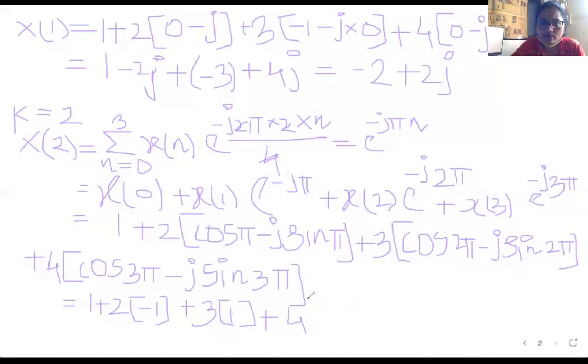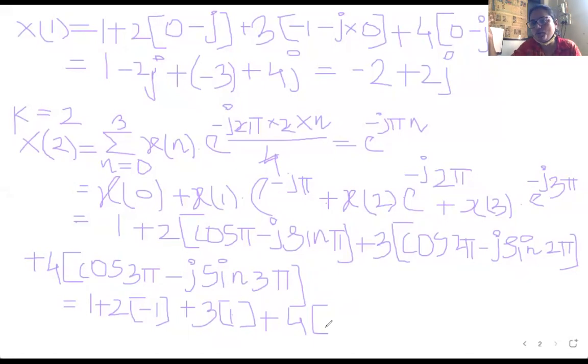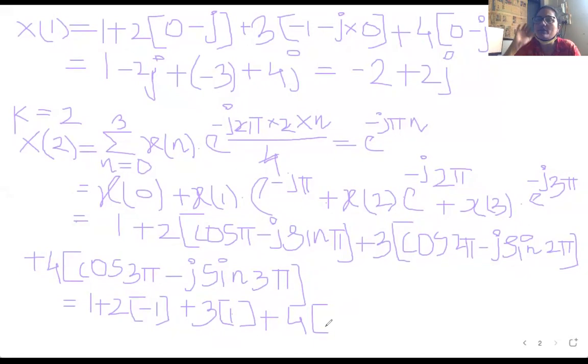4 multiplied by cos 3 pi. So tell me, this is a periodic signal. So if cos pi is -1, cos 3 pi is also equal to -1. Same thing is repeating after a period of 2 pi. So if cos pi is -1, cos 3 pi is obviously equal to -1. So I'm going to write here -1. So what you will get? 1 minus 2 plus 3 minus 4.